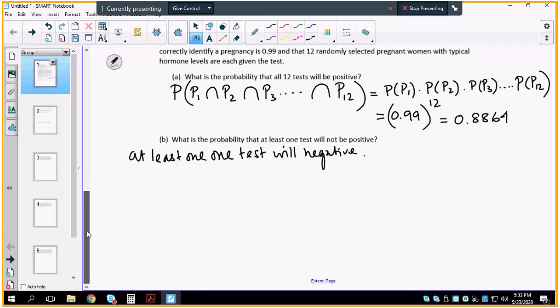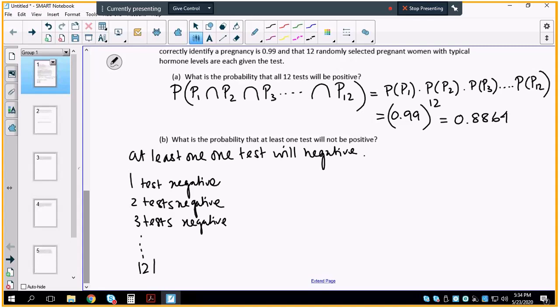That means one can say one test is negative, or 2 tests out of the 12 given are negative, 3 tests out of the 12 given are negative, and I can carry on till I reach 12 tests, all of them are negative. And these are all the situations that are covered under saying at least one test is negative. At least one means it can be 1, 2, 3, 4, 5, 6, 7, 8, 9, 10, 11, 12.